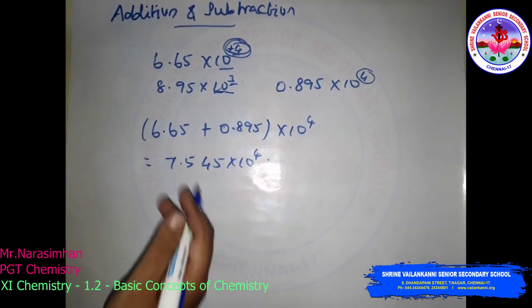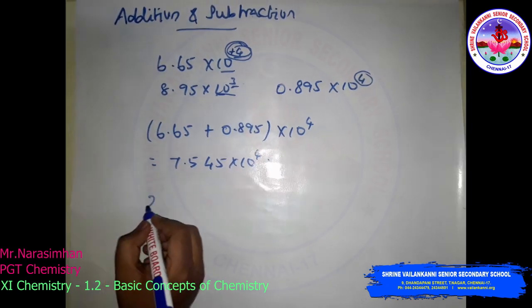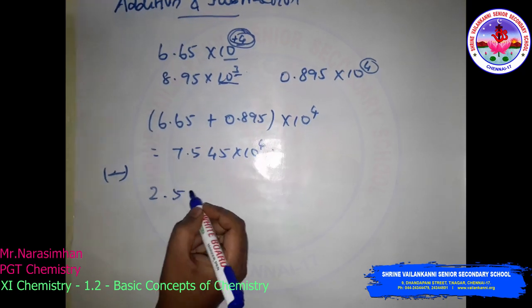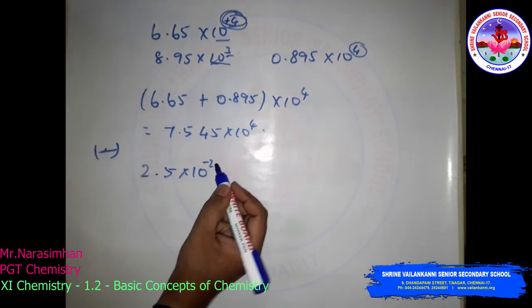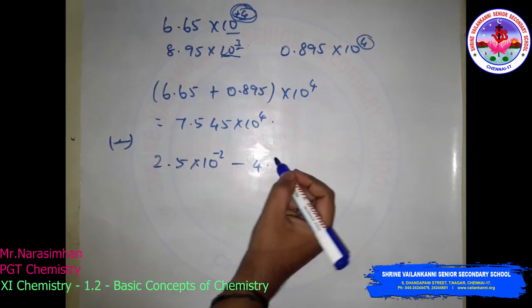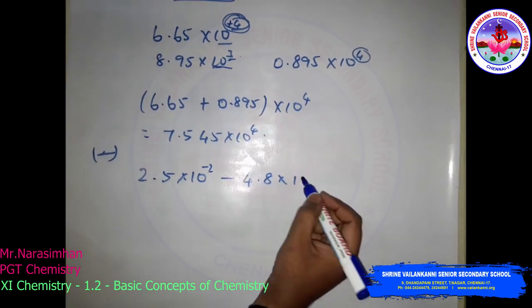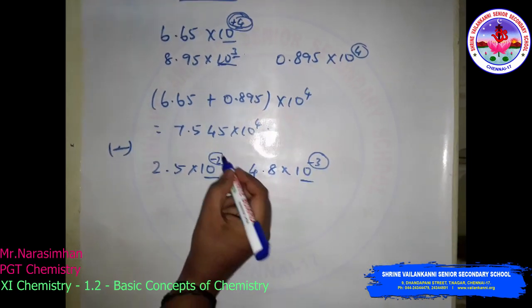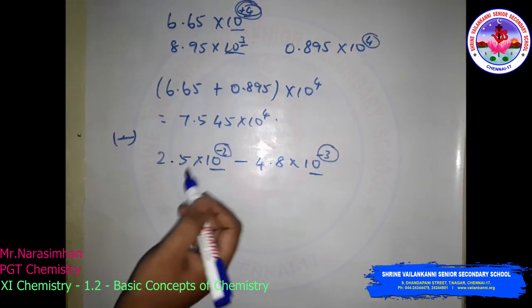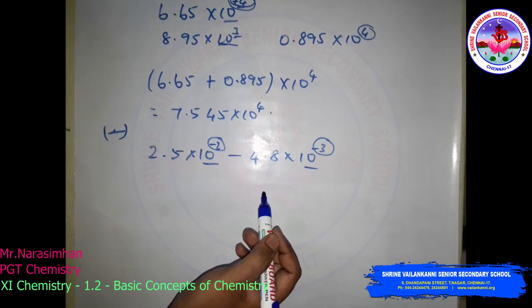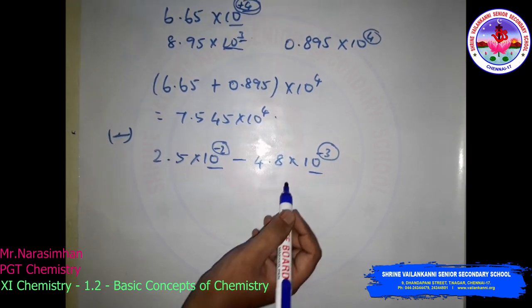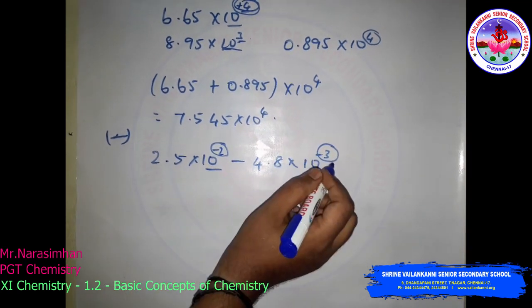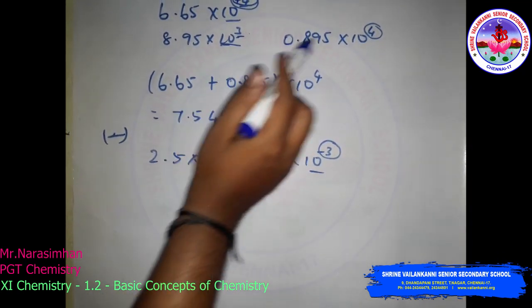Similarly, for subtraction of two numbers: 2.5 into 10 power minus 2 minus 4.8 into 10 power minus 3. Look here, the exponent values are different, so you have to convert the exponent value. First look at the lesser number and the higher number.